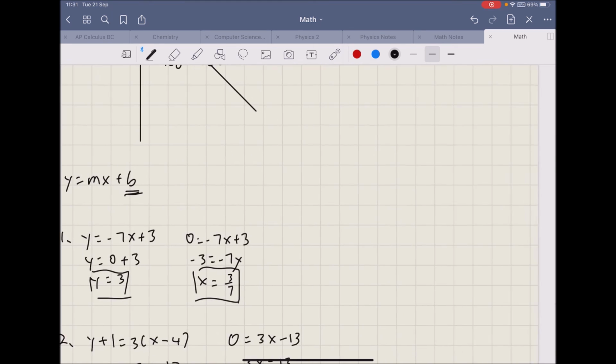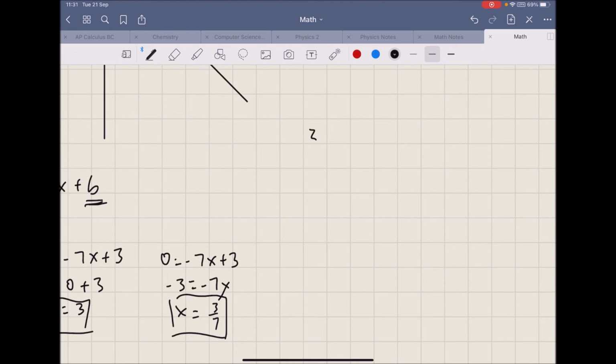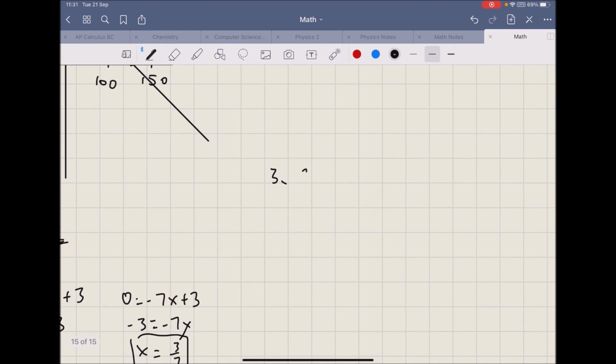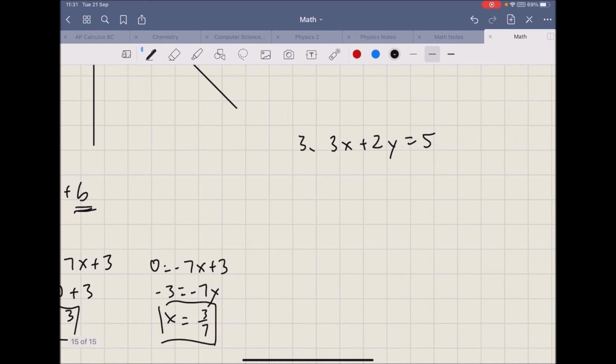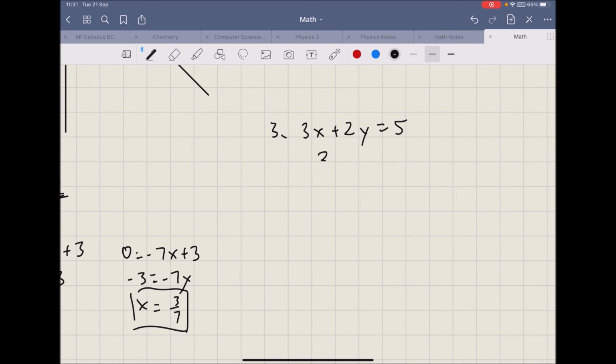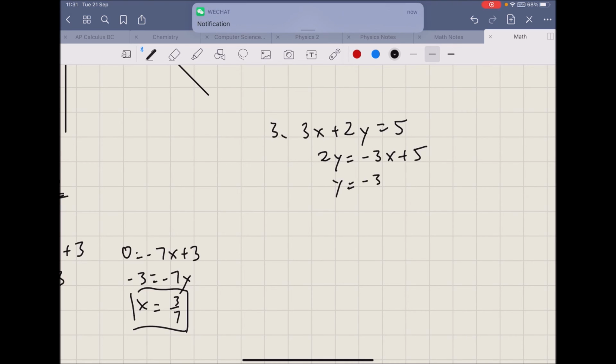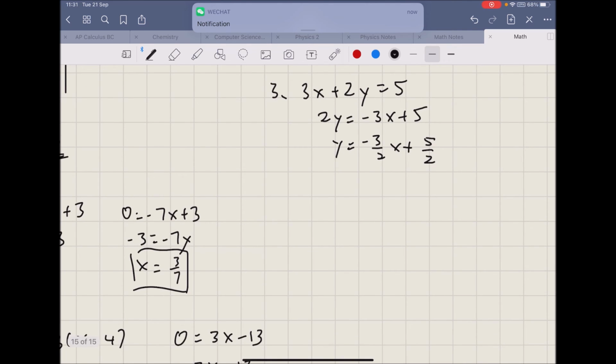Let's do a few more problems over here. 3x plus 2y equals 5. First, try to convert it to the normal slope formula, which is 2y equals negative 3x plus 5. Divide by 2, and you get y equals negative 3 over 2 x plus 5 over 2.